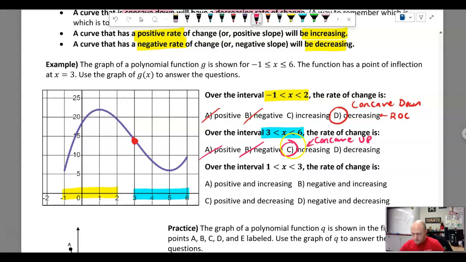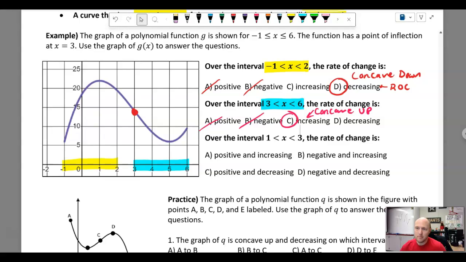Okay? All right. Now let's go ahead and combine both of these ideas. So I'm going to get rid of these just so we can see this. And they say on the interval 1 to 3, so from 1 to 3 right here, the rate of change is: positive and increasing, negative and increasing, positive and decreasing, negative and decreasing.